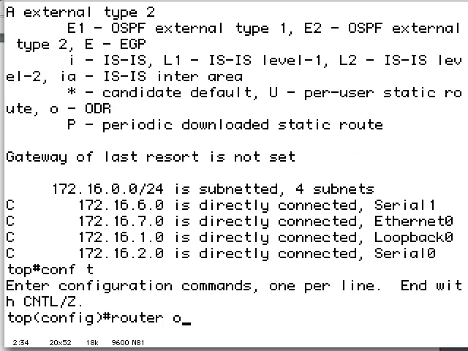Conf t, router ospf, and then we need a process ID. So router ospf 1. You can have multiple OSPF processes on a router, and each would work independently. The process ID is not included in the OSPF advertisement. That's why it's called a process ID.